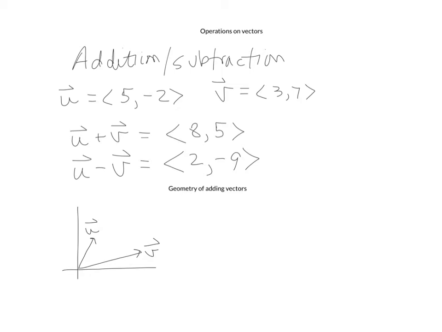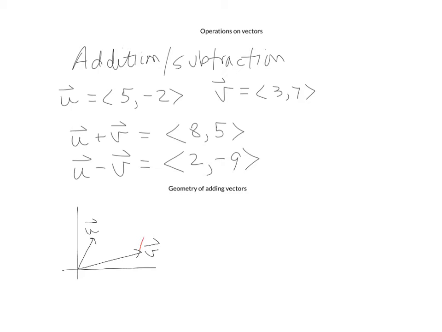So let's look at the geometry of adding vectors. What you see here are two vectors, u and v, both written in standard position. And what we want to know is, how do I add them geometrically? And so the result is actually pretty cool. We just take u, or it could have been v, and draw it so that the tail is at the head of the other one.